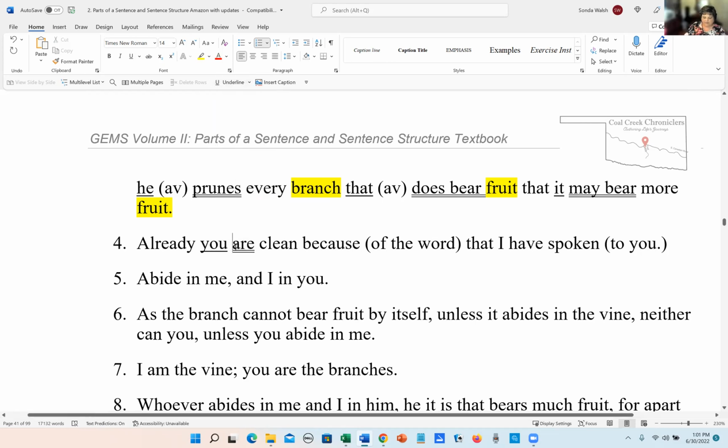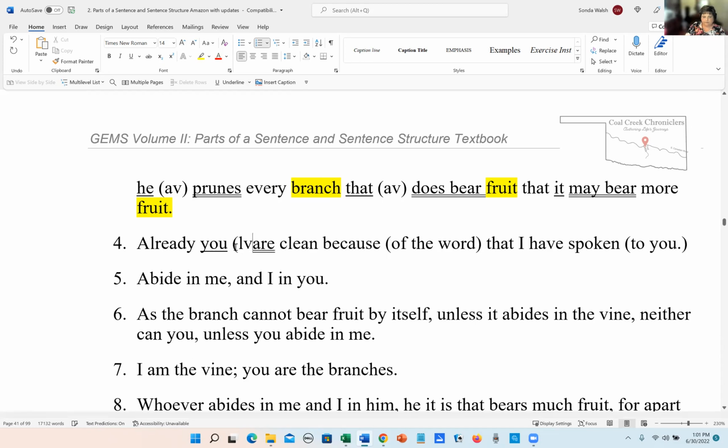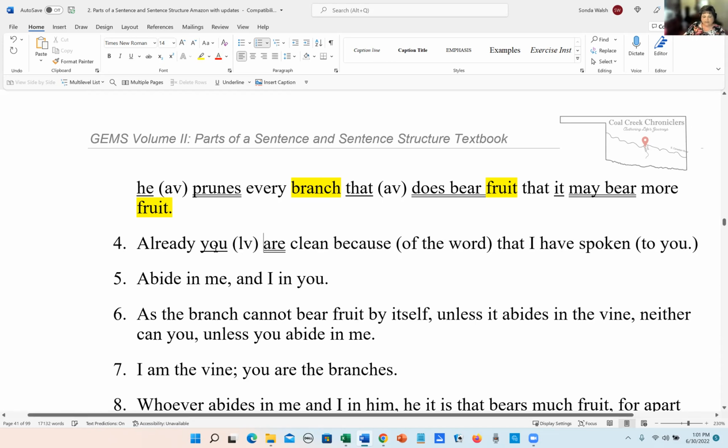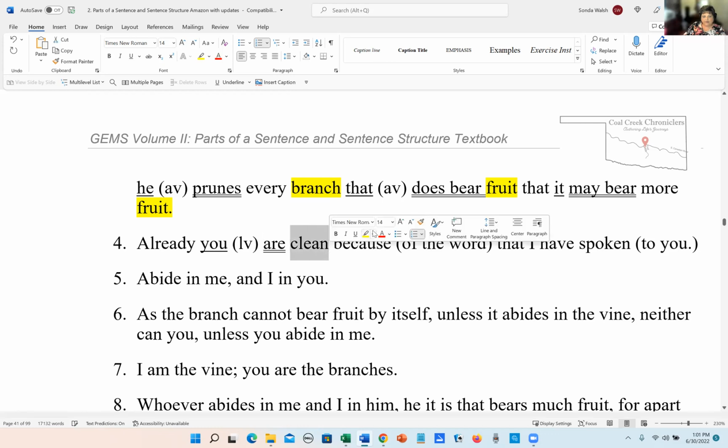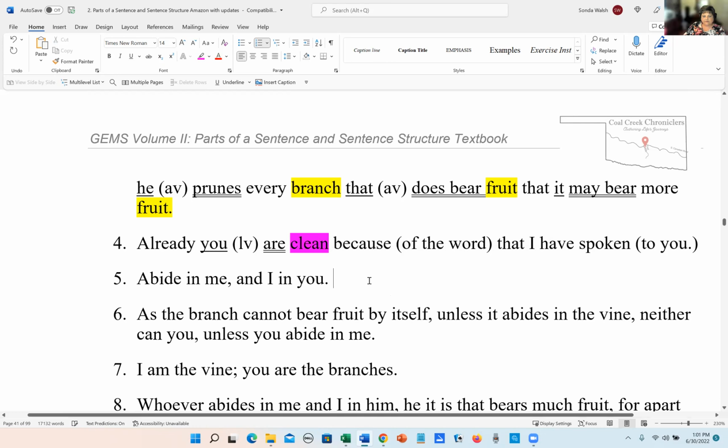Are is a linking verb. Okay, so clean renames you, and it is a predicate adjective. Okay, I is a subject. Have spoken is a verb. It is an action verb.